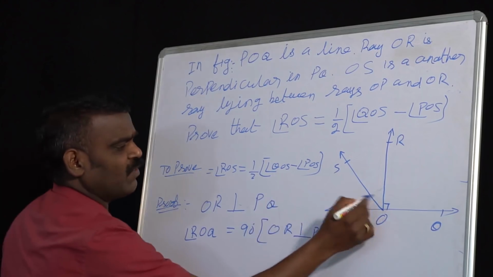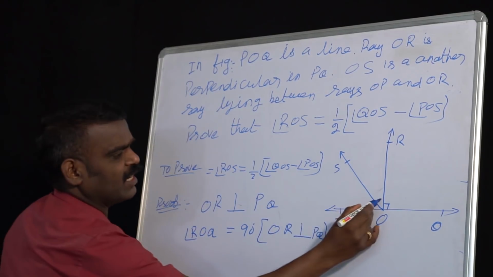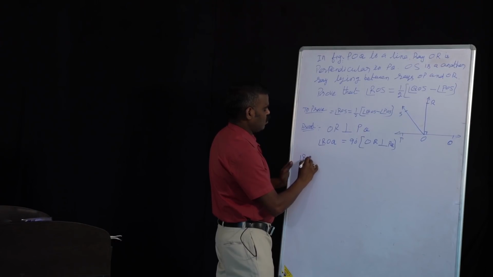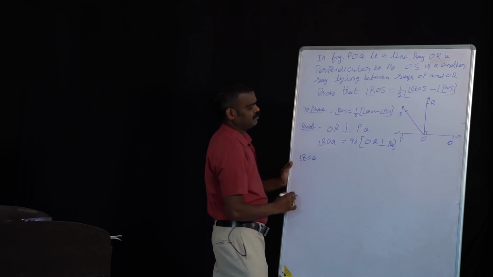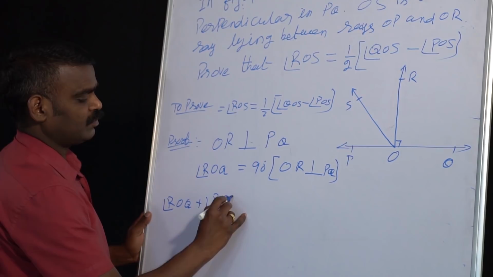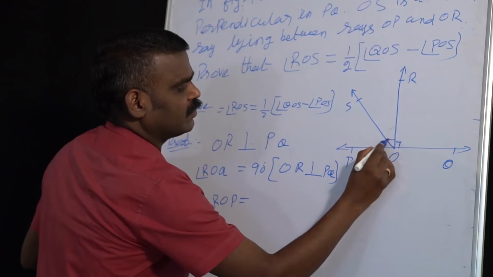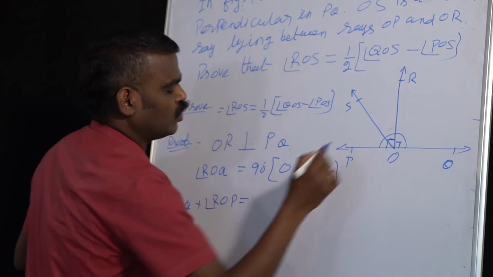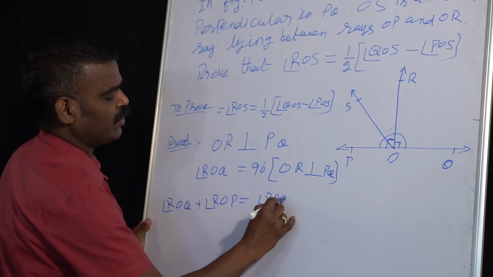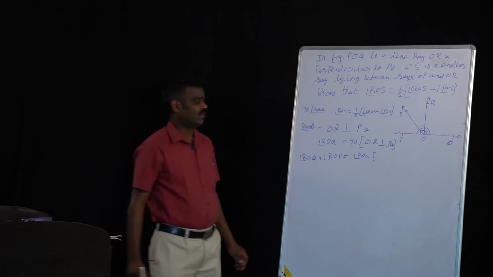If one side is 90 degrees, what about this other angle? Angle ROQ plus angle ROP, these two angles together become angle POQ. Angle POQ is what angle?